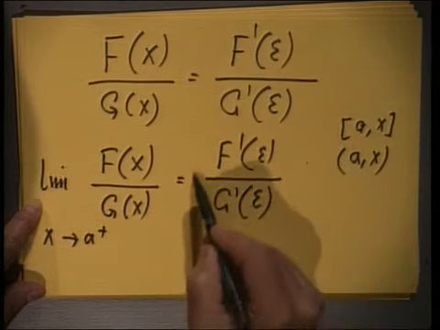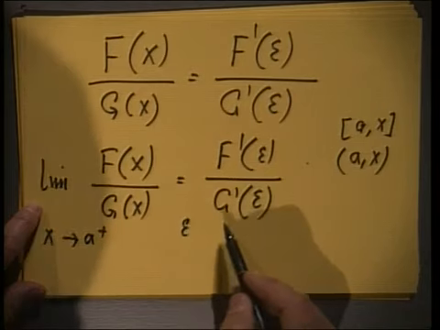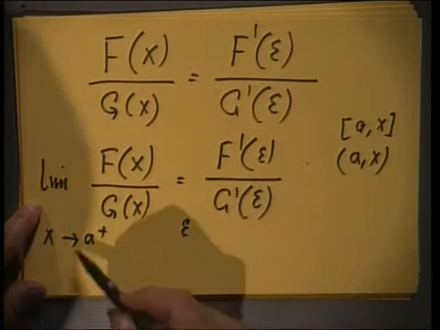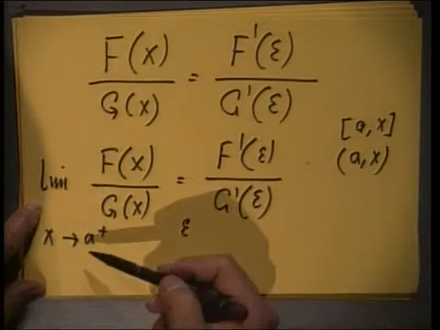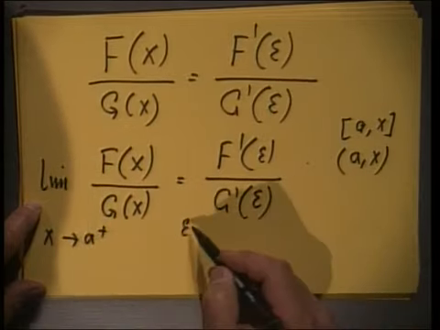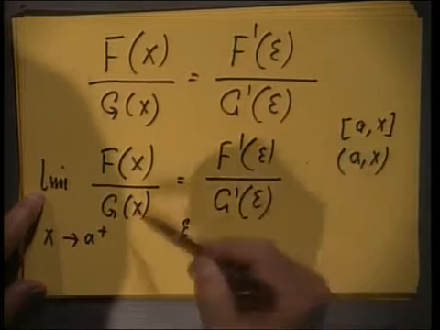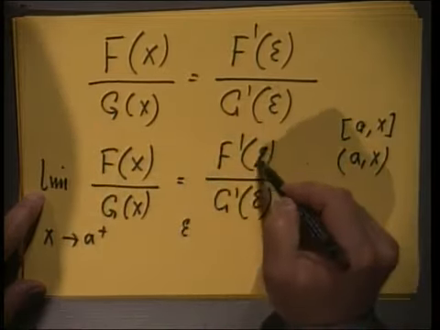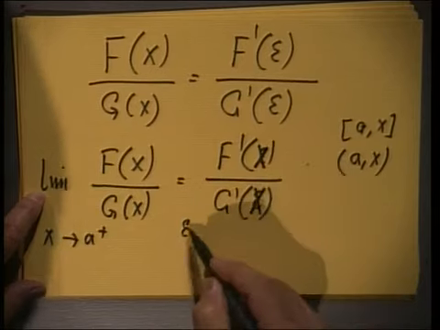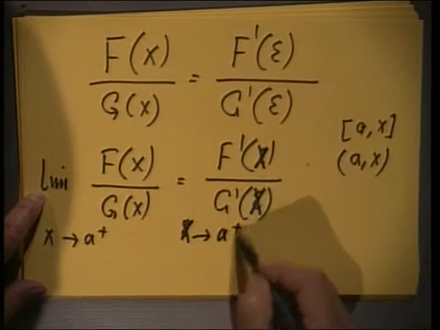And here again, you take the limit when eta tends to a as well from the right-hand side, like x tends to a. So instead of writing eta, books prefer to write, for example, x, and you take the limit when x tends to a from the right-hand side.